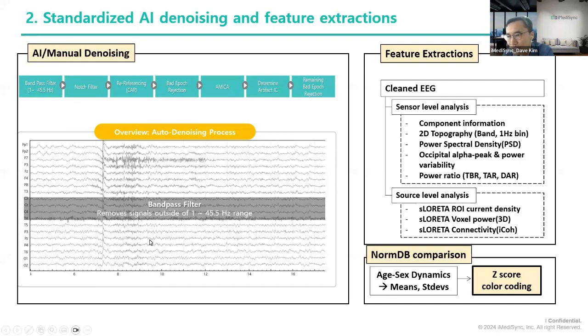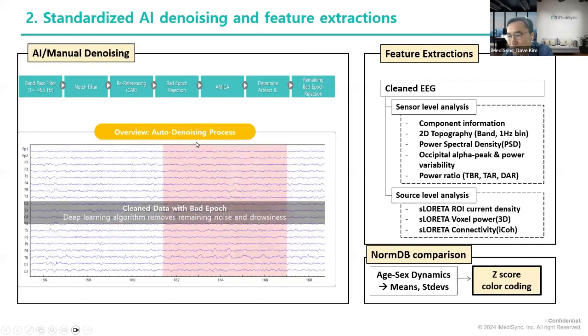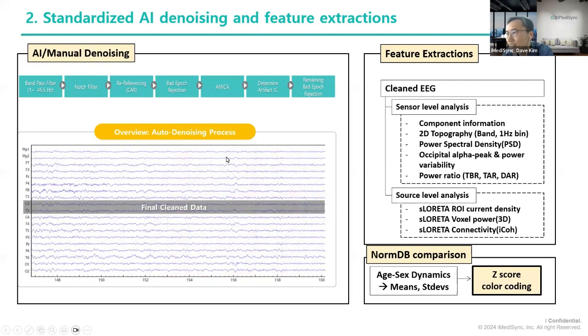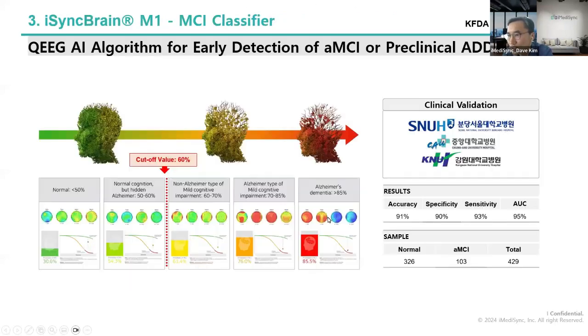So using this AI denoising algorithm, we can make clean data automatically, and then we can take advantage of the high potential of the EEG and QEEG information. That's our second specialty.